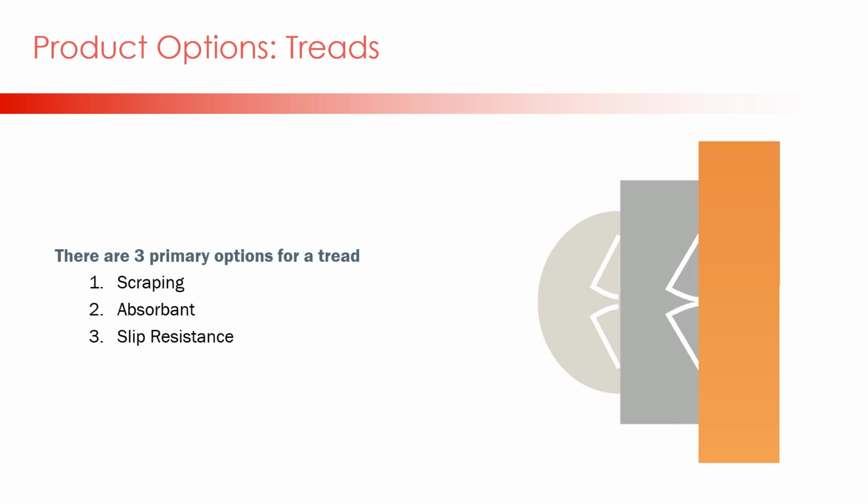The vestibule scrapes and absorbs to remove finer soil particles and remove moisture. In both areas, you'll also want to consider the environment and additional requirements for slip resistance.